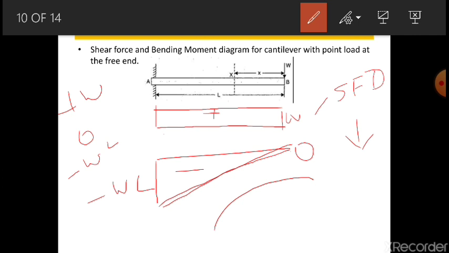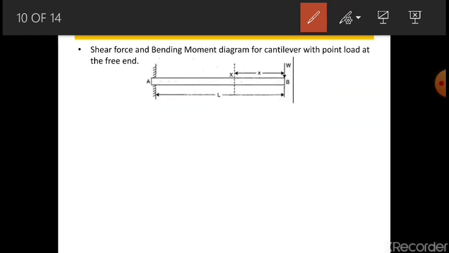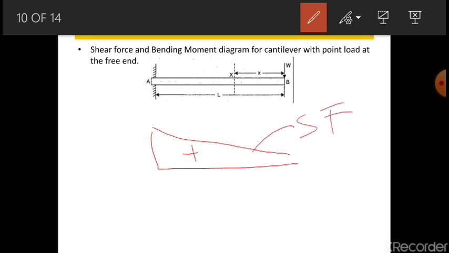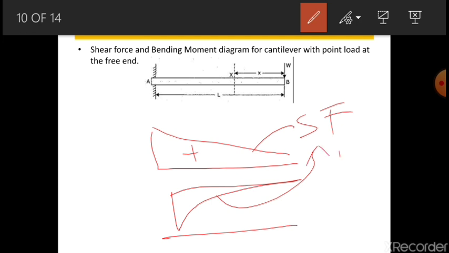And if it is UDL, then shear force will be an inclined line, and bending moment will be a parabola.